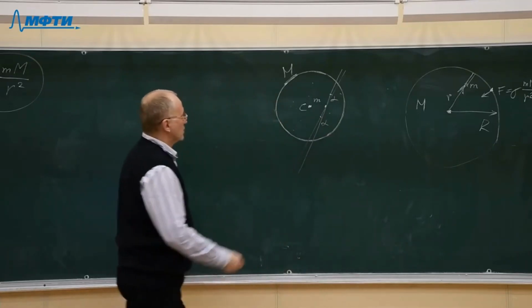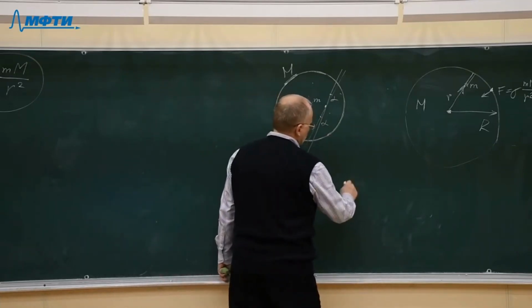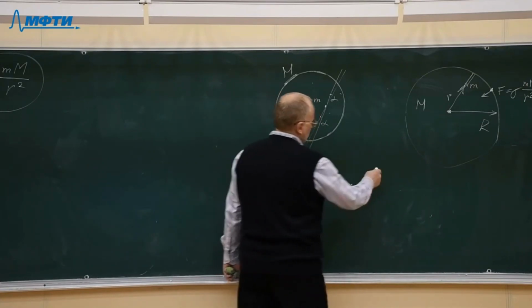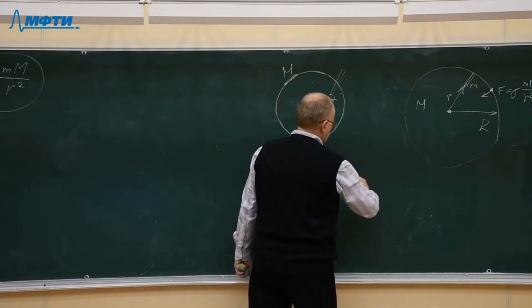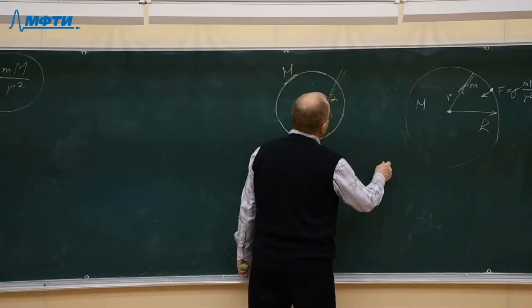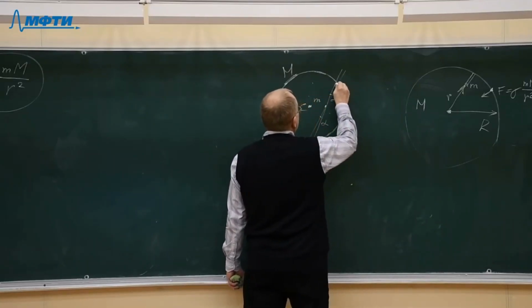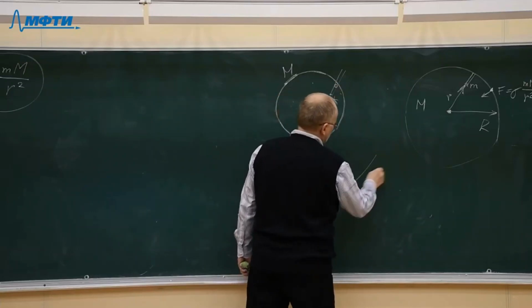What is a solid angle? A solid angle cuts some area on the surface. So it can be drawn like this.